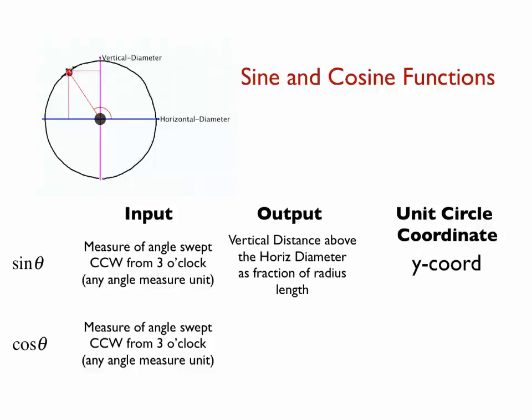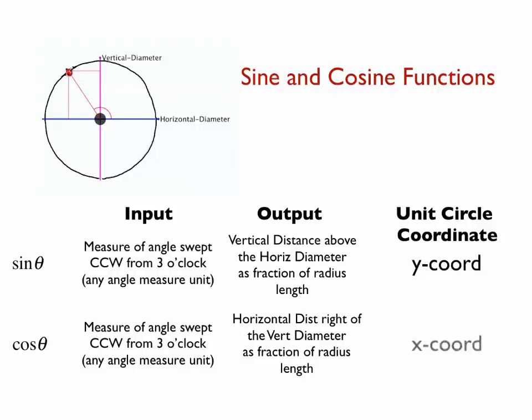Horizontal distance right of the vertical diameter, as a fraction of the radius length. Coordinate. So we're talking about a horizontal distance that, in your math career for the last 15 years of your life, was the x coordinate, right? Horizontal distance is the x coordinate. How far left or right?